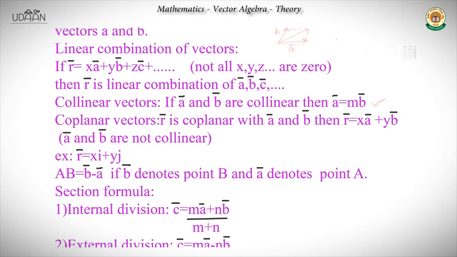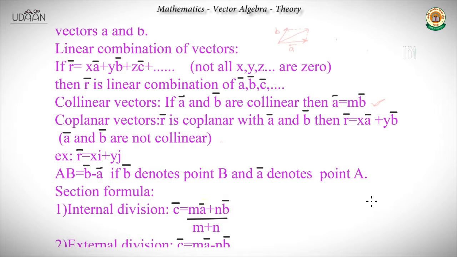Now, condition for coplanarity of three vectors. If r bar is coplanar with a bar and b bar, then r bar will turn out to be x a bar plus y b bar, where x and y are any real numbers and a bar and b bar must not be collinear. Now you may ask me why I am not considering a coplanarity condition for two vectors, because any two given vectors are always going to be coplanar.